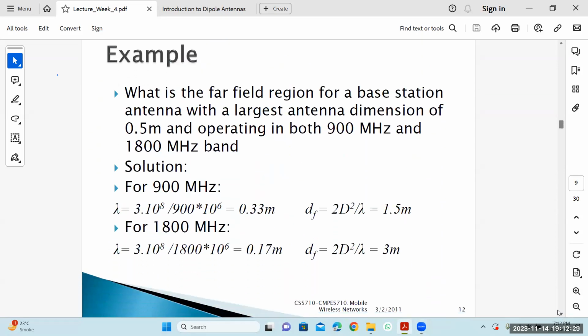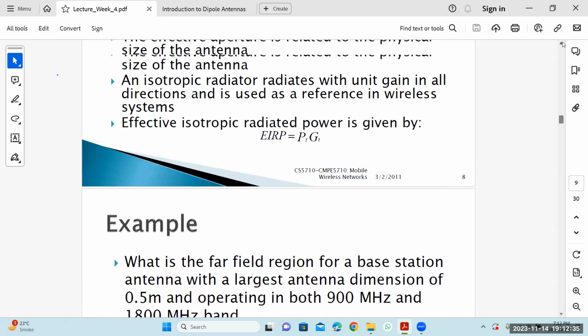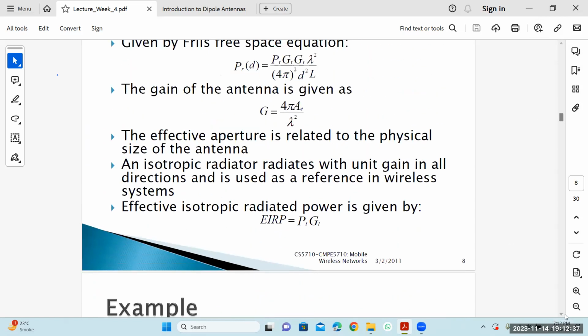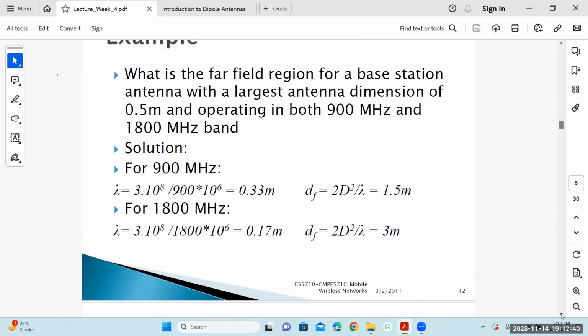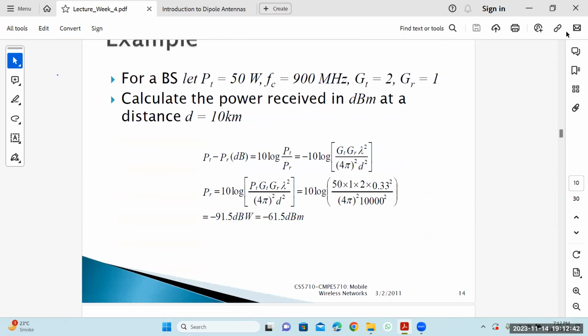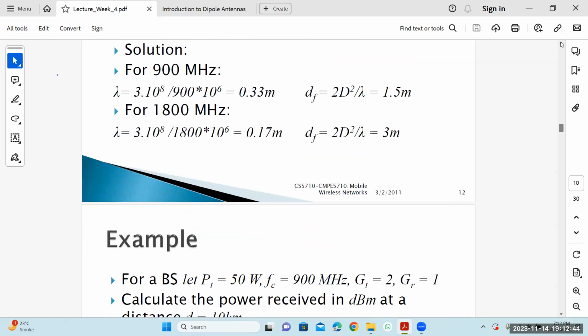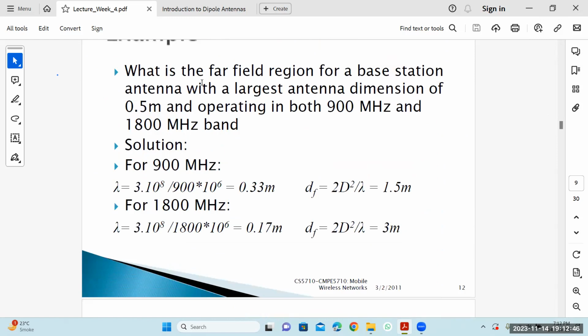Okay. A very small example. What is the far field region for a base station antenna with the largest antenna dimension of 0.5 meter and operating in both 900 megahertz and 1800 megahertz band, right?